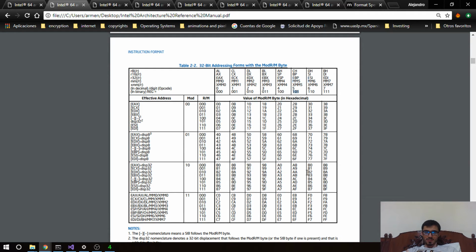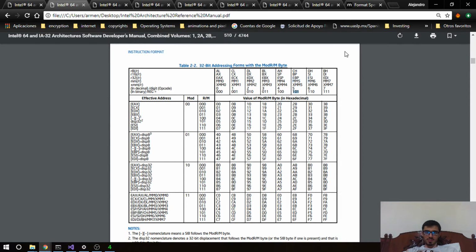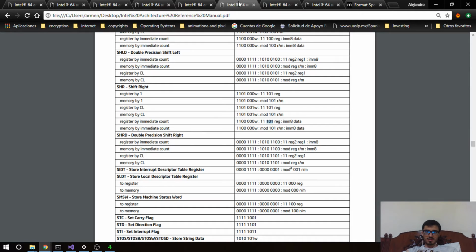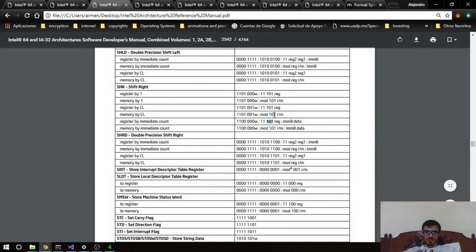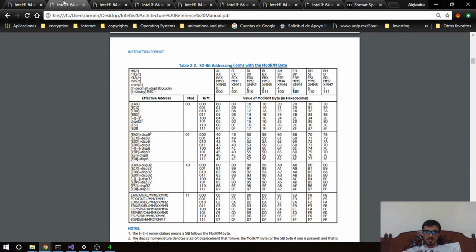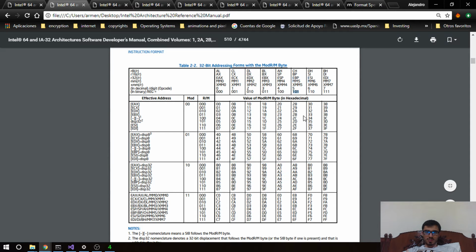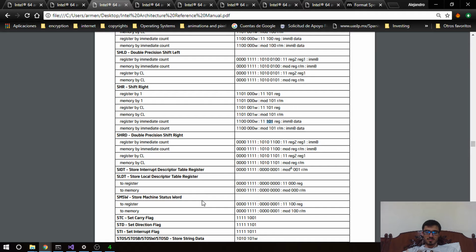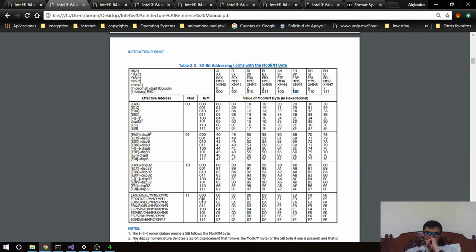So we have this bit field for a specific ModR/M, which in this case has to be, let me see, 101 reg. So it's 101 11, and RM we don't know. But it's a register just the same way.